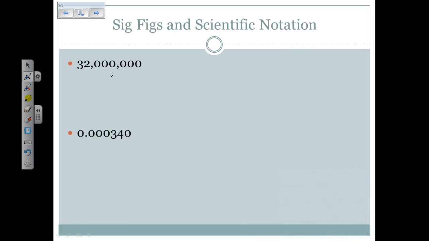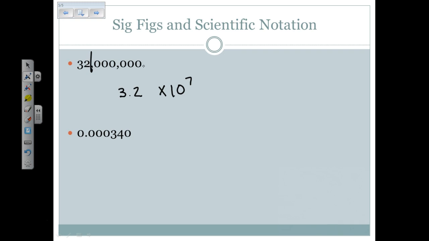Okay. When we're dealing with numbers in scientific notation, or numbers that are very big and very small, it allows us to get rid of insignificant zeros. So here's a number, 3.2, and if I were to write this in scientific notation, it's going to be 3.2 times 10 to the 7th. Now, are these zeros significant?